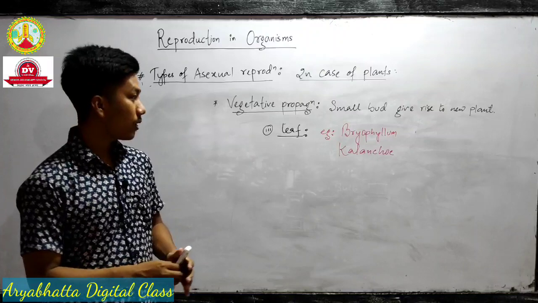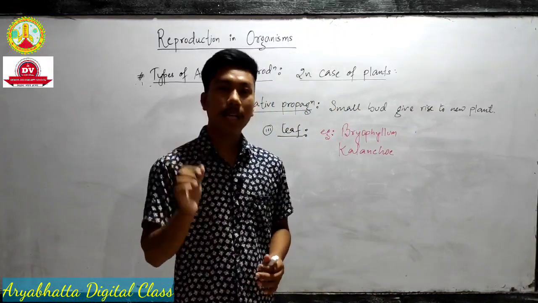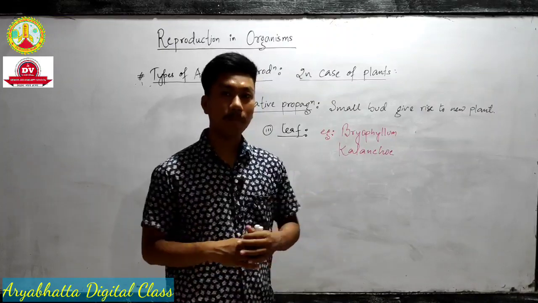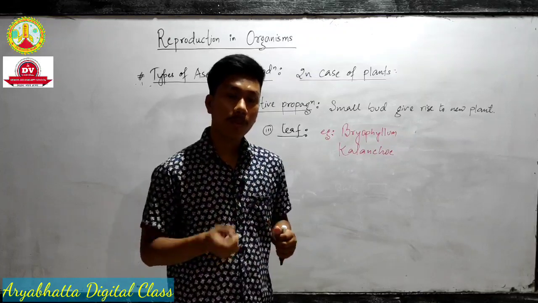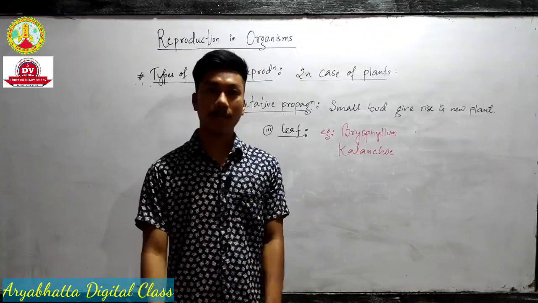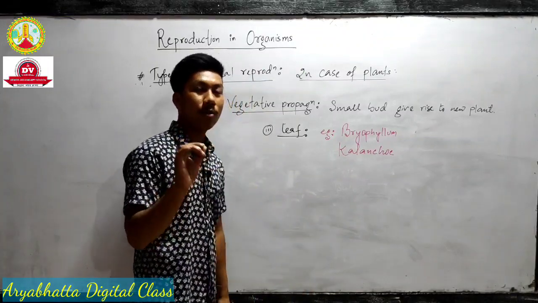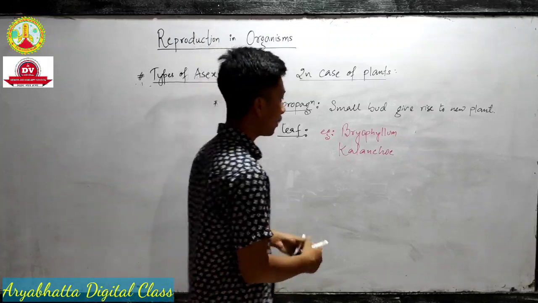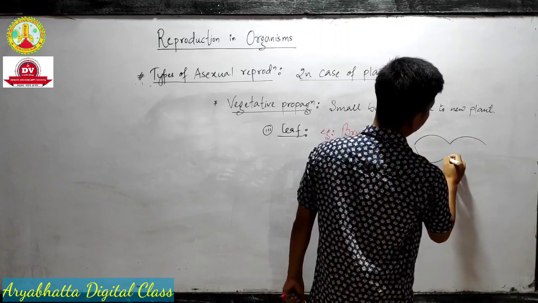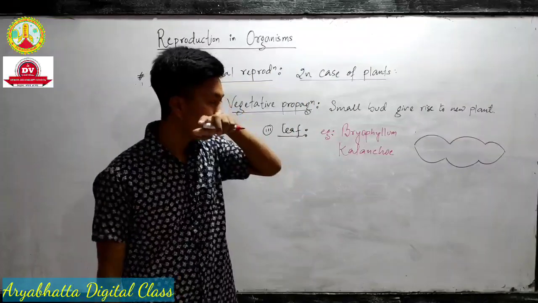In such plants, from the leaf region, a small tiny bud develops and gives rise to a new plant. In case of Bryophyllum, if you pluck a leaf and put it on soil, that leaf can give rise to a new individual after some weeks, because on such a leaf a small bud develops, and that bud is known as foliar bud. The Bryophyllum leaf is not so big, I am making a big diagram.